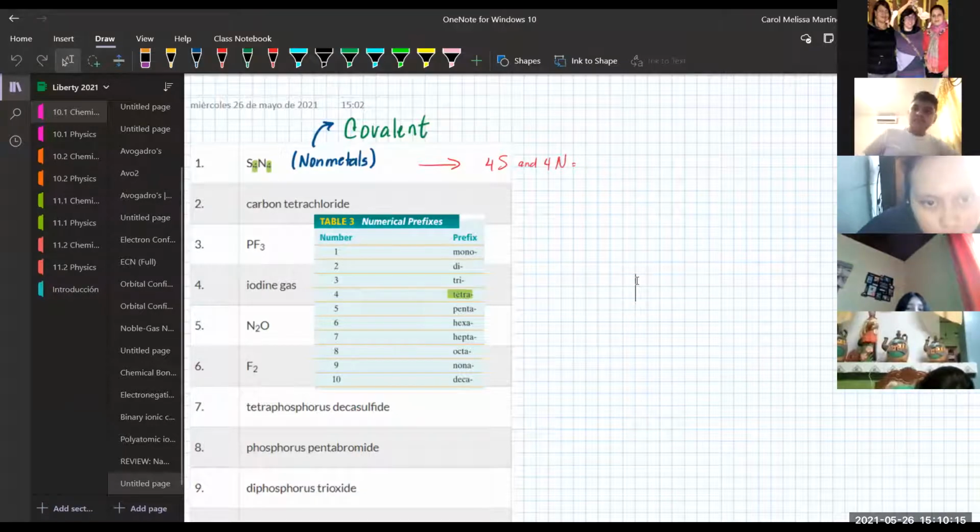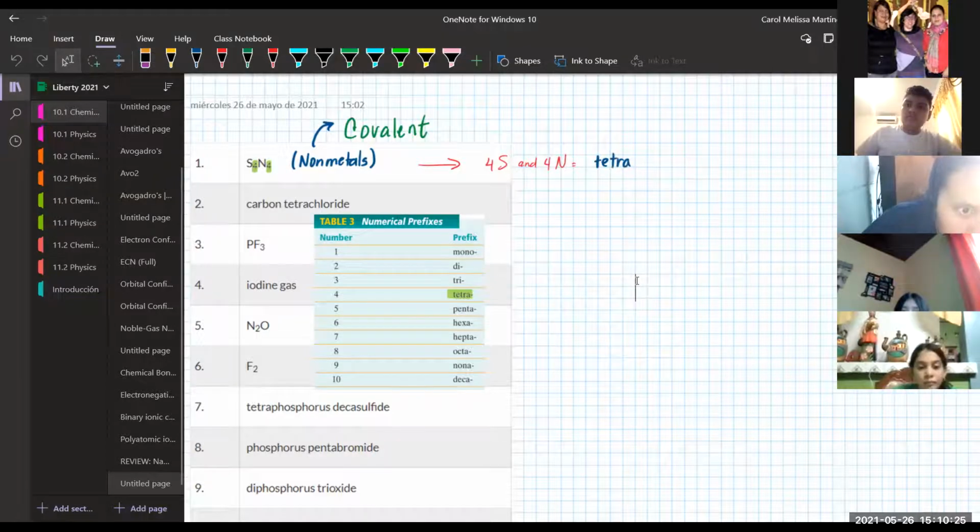So, tetra, and then write the name of the first element, that is sulfur. And then the other atom. The other atom is 4, so again we have another tetra.